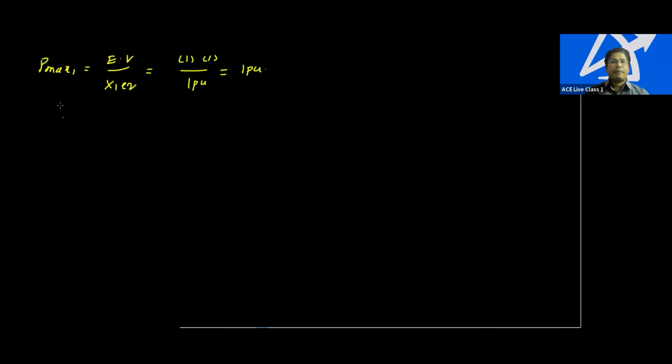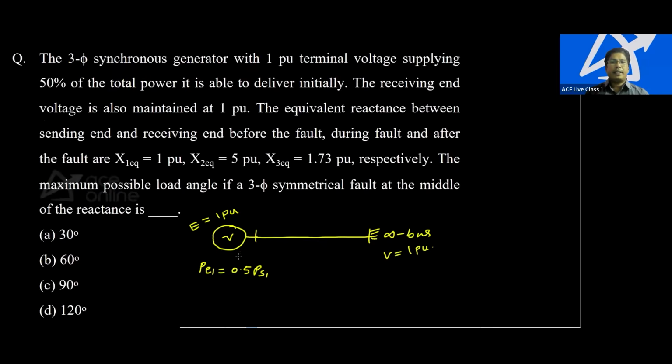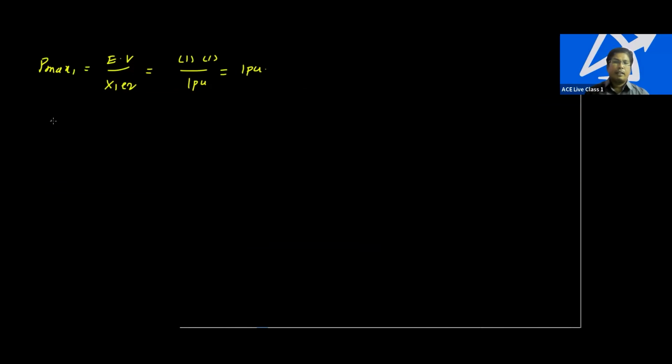You can write here the initial power. The initial power is PS1, where the initial load angle delta naught is nothing but sine inverse of PS by PM1.